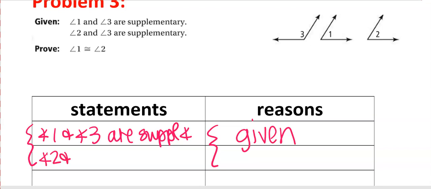Angle 2 and angle 3 are supplementary. Okay, so that's the given. Usually if I'm going to do this, I would number them. And if there's a number and then a space, it would mean you need another one for that particular reason.